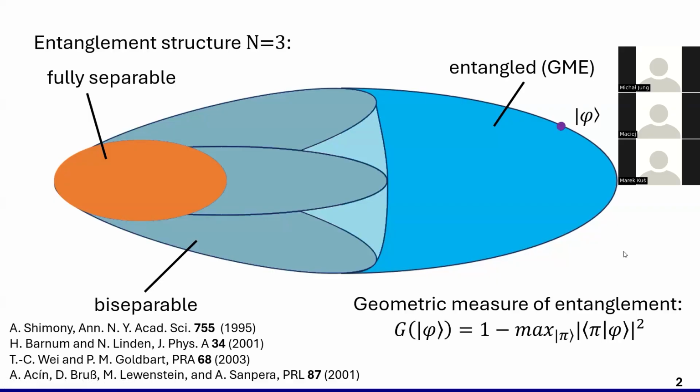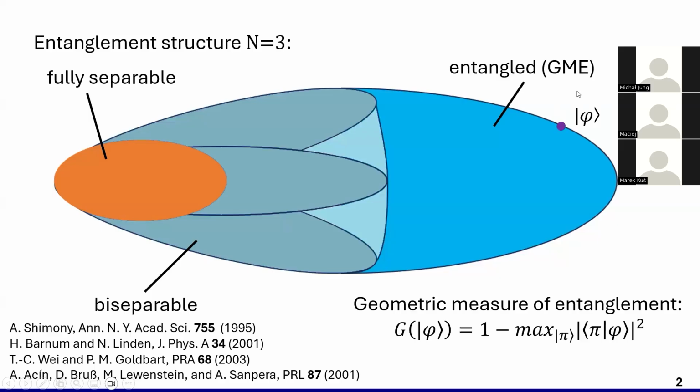If we want to know how entangled a state is, there are several measures of entanglement, and one is the geometric measure of entanglement, which is given by 1 minus the maximum overlap of that state with the closest product state.